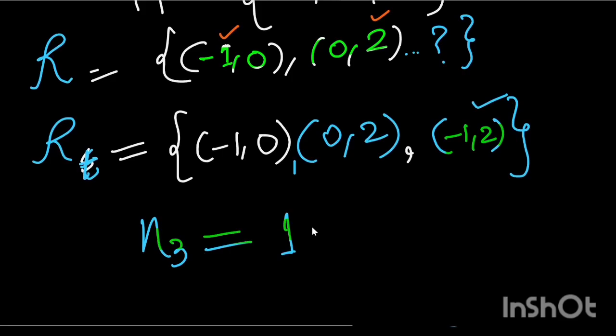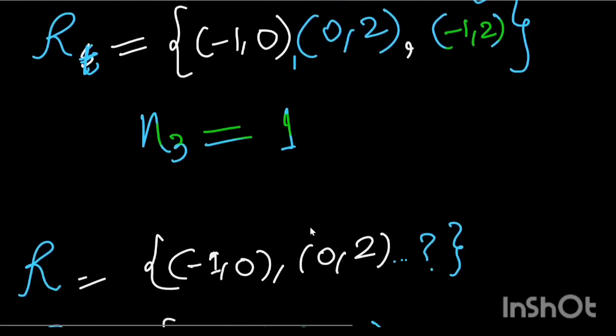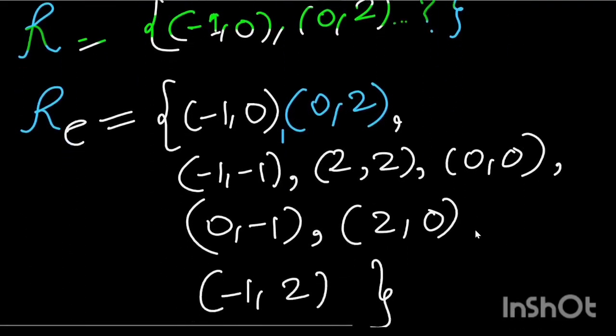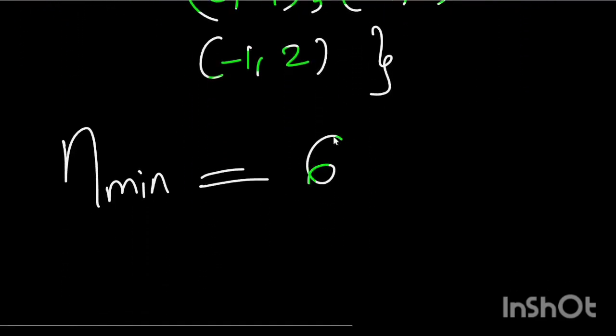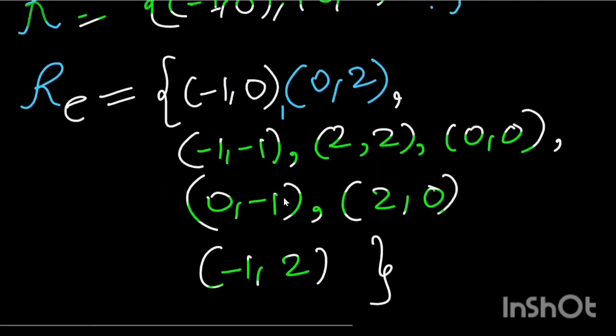So the number of elements that we finally need to add are 3, 2 and 1: 3 plus 2 plus 1, 6 elements we need to add to make it an equivalence relation. You can recheck it here also; there won't be any elements missing.